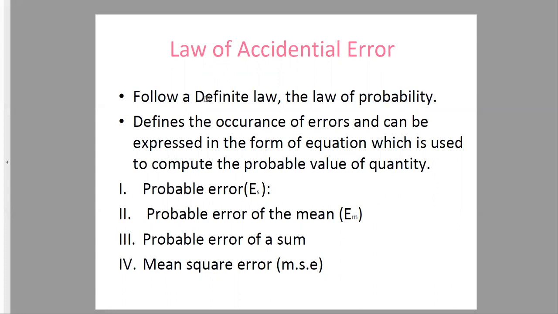The error in any reading will have the same probability of both signs, that is plus 5 error or minus 5 error. So what we have to find: probable error, then probable error of mean, or probable error of sum, or root mean square, that is mean square error, MSE.